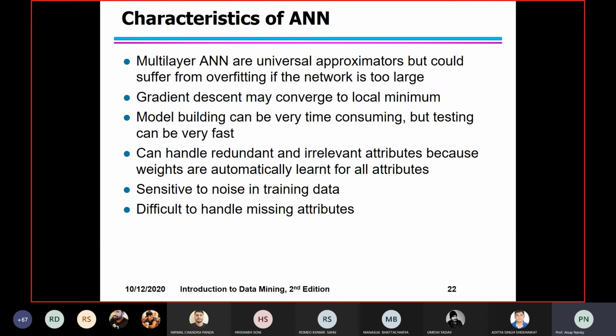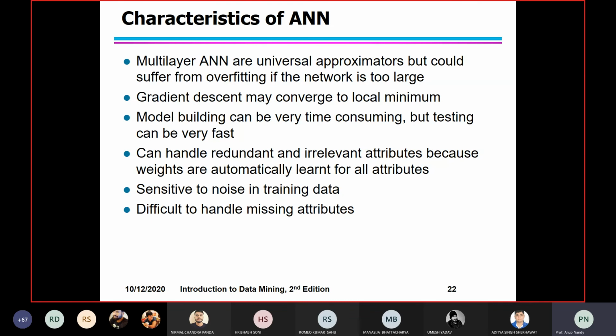Model building can be very time consuming, but testing can be very fast. It can handle redundant and irrelevant attributes because weights are automatically learned from all attributes. But ANNs are very sensitive to noise in training data, and it is difficult to handle missing attributes.